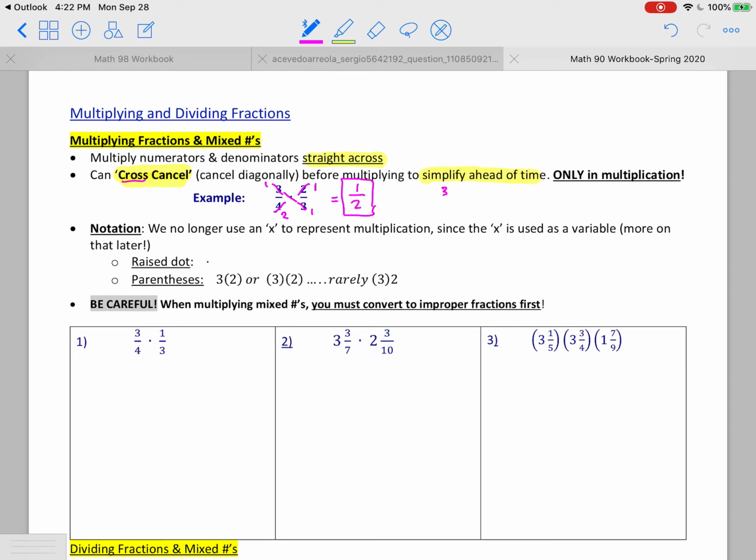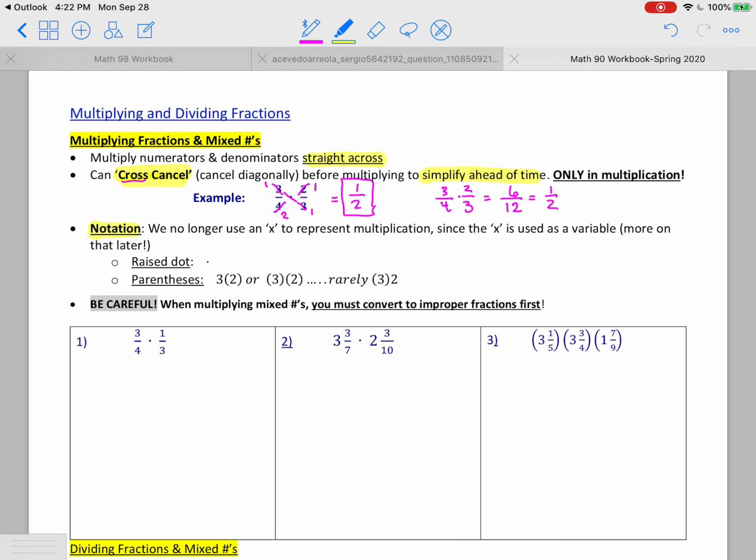If we didn't use cross-canceling on that one, we would have had 3 over 4 times 2 over 3, and that would have given us 6/12, which we would just want to reduce down to 1/2. In this example the numbers aren't that big, so it wasn't a huge deal, but it's an easy one to show how we do cross-canceling. It comes in really handy when your numbers are large.